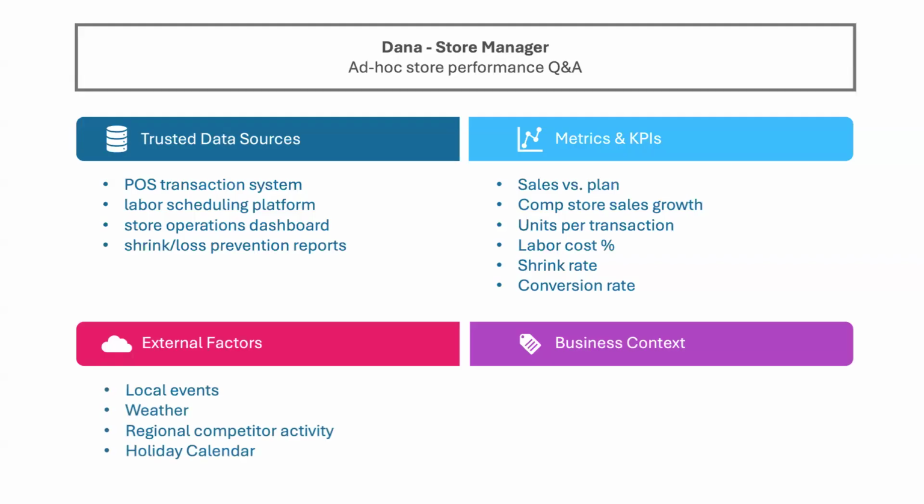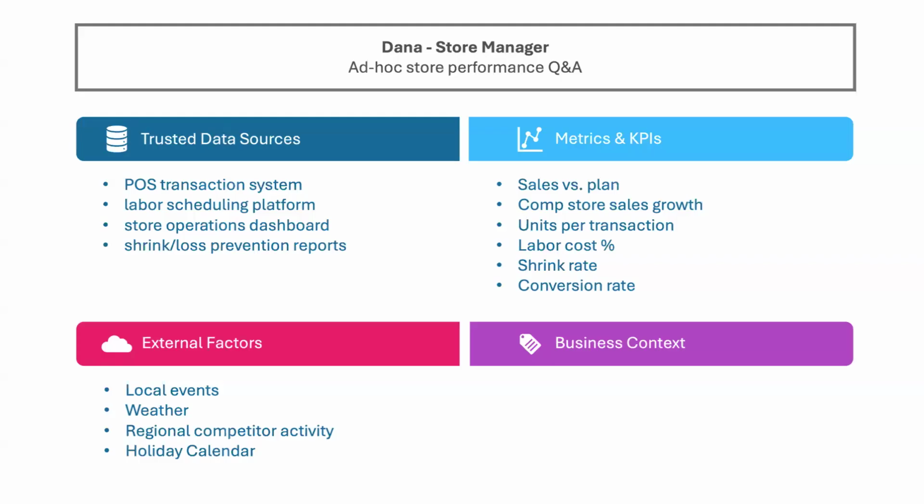Next is, what kind of external factors are going to matter here? So if you think about this from a store manager perspective, you're going to have things like local events. Maybe there was a promotion to drive people into that particular store. Weather conditions. If you're selling coats and there's a particularly cold month, that might affect sales positively. Similarly, if you're a regular retail outfit and there's a huge storm happening during a period of time, that could negatively affect sales.